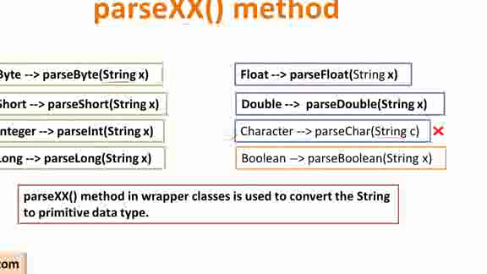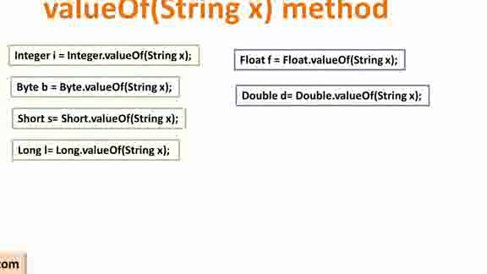The next method is valueOf. We have already discussed that this method takes a string and returns a wrapper object. Each and every wrapper class has a valueOf method which accepts a string and returns you the wrapper object.